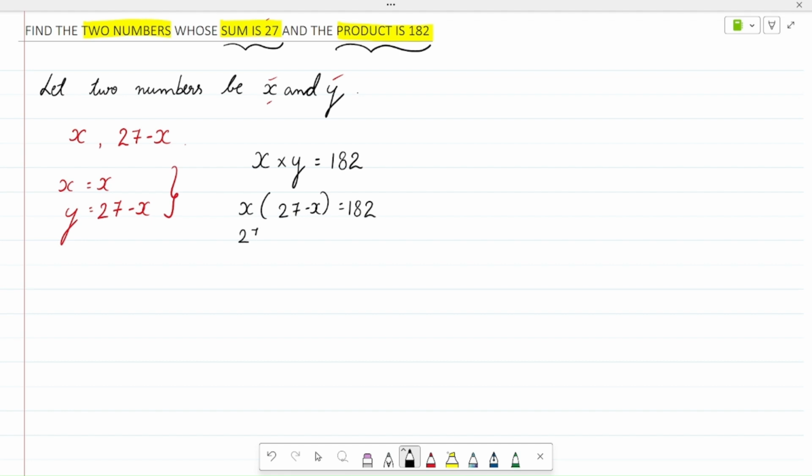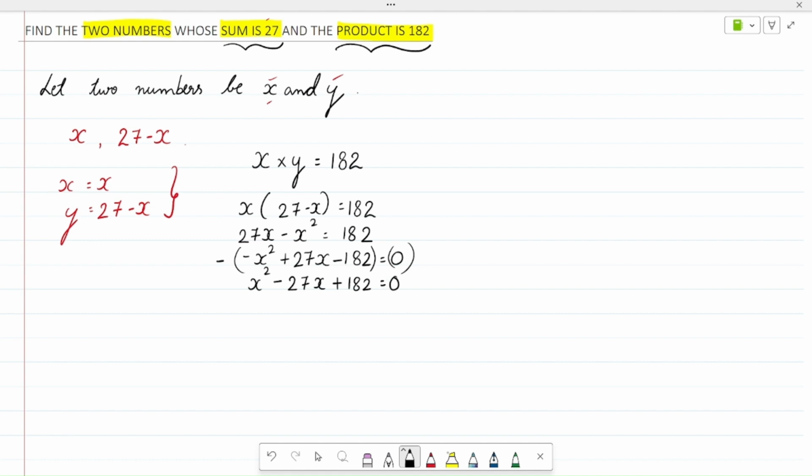Now the simple algebraic calculation goes on over here, taking everything to the same side of the equation. I don't want something negative with x square, so I would multiply the whole expression with a negative sign. I would end up getting x square minus 27x plus 182, which is equal to 0.